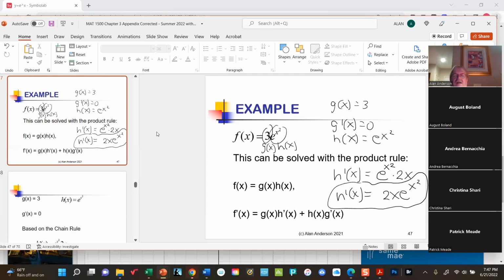All right, so let's do that. Now, as it turns out, because g prime of x is 0, this will simplify quite a bit. We'll have 3 times 2x e to the x squared plus e to the x squared times 0. So when all the dust settles, we simply end up with 6x e to the x squared.